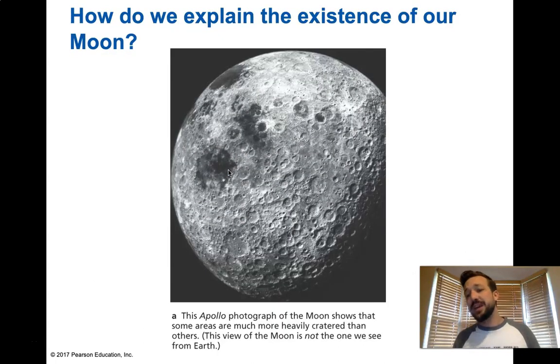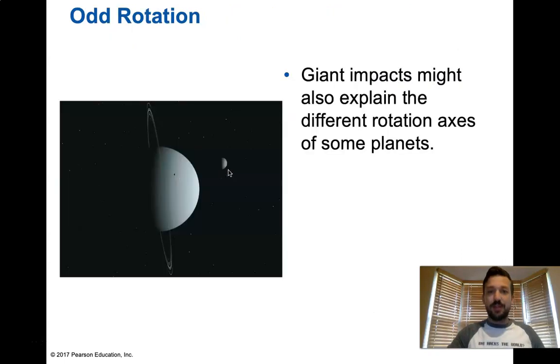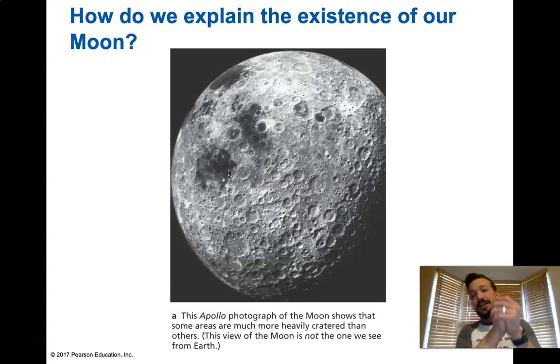So how do we explain our gigantic moon? Like all the other planets don't have this gigantic moon. Well, we think it was a large collision. It was a collision with a large planetesimal in the past that was probably near the same size as Earth, maybe smaller, and it collided and blew up a little bit in a lot of different areas.